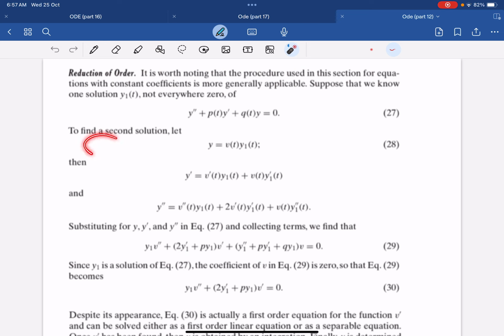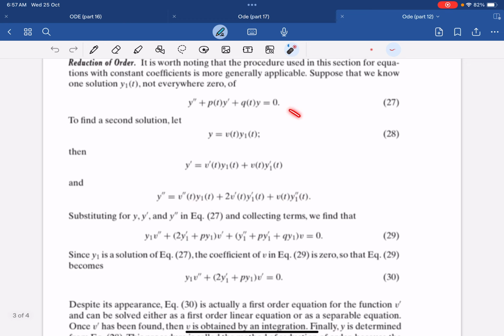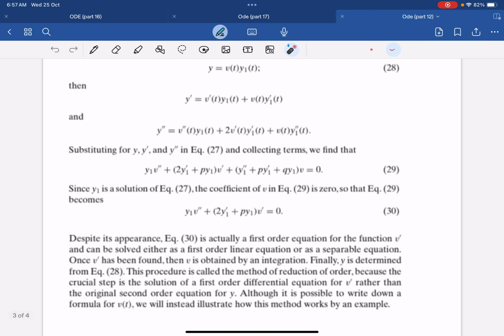We just want to find a second solution, and what we need is to let y equal a function in terms of t times y1. Then when we differentiate twice, we get this, and we substitute them into equation 27 over here, and we collect the terms. This allows us to form this equation.